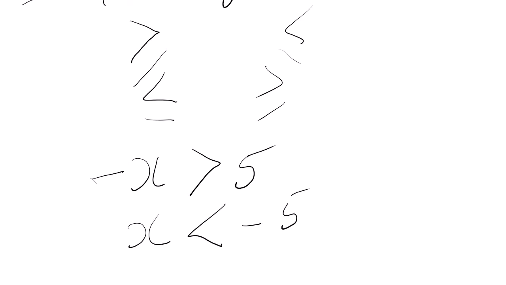In order to get the value of x, you are dividing by minus 1. Whenever you divide by a negative number, as per the rule, the inequality reverses. So minus x greater than 5 becomes x is less than minus 5.